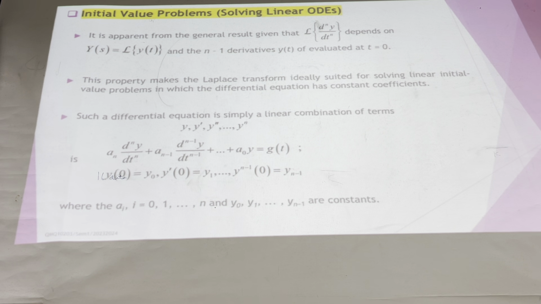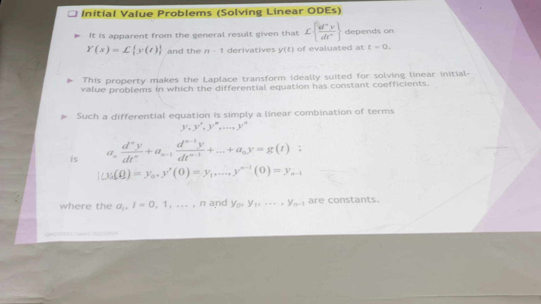What is y(0)? It is the initial value, the value given when this function y is at x equal to 0 or t equal to 0. This is for y prime. What about y double prime?